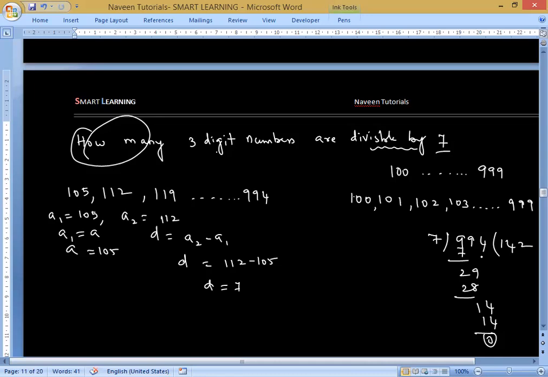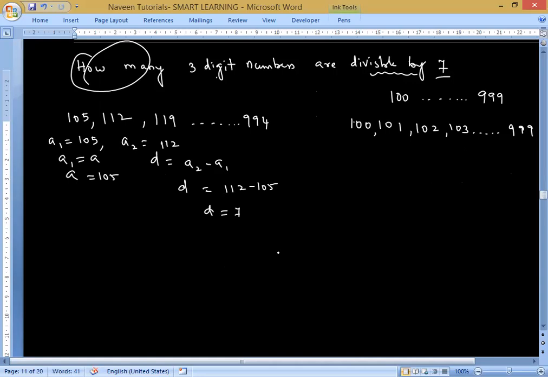Then, what is the last term in this one? The last term is AN. So AN is equal to 994.